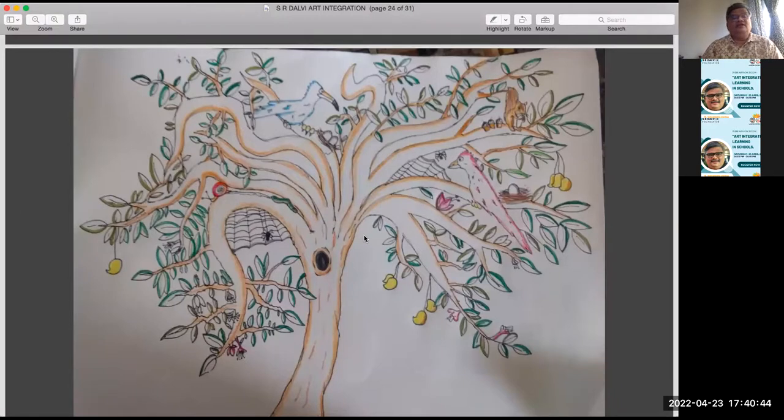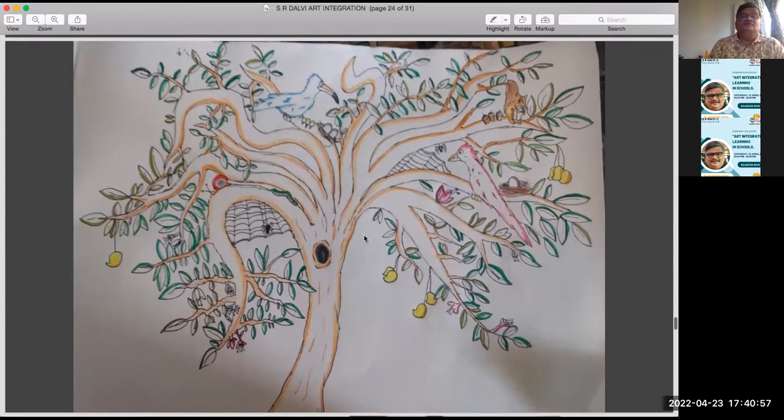And then we said that we will not draw a picture of a tree, rather we will draw a map of a tree. What is there on the tree? And then this is the result of it. There are so many aspects related to the life around and of the tree put down on the paper by a child.